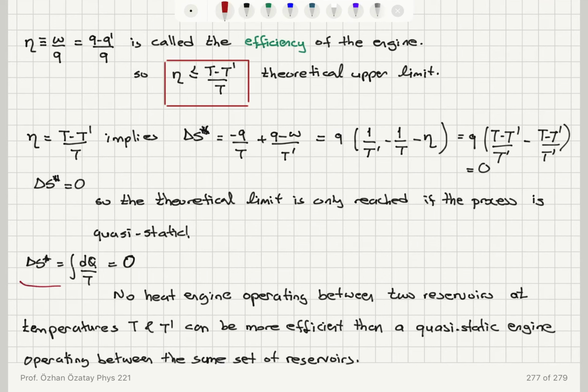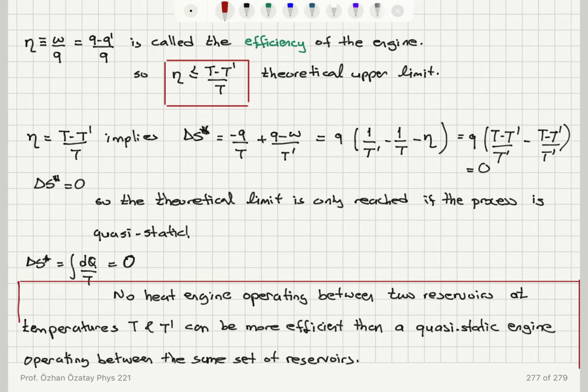So this statement, which sets the upper limit on the efficiency of a heat engine, is known as Carnot's theorem.